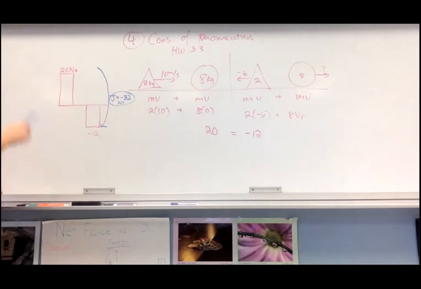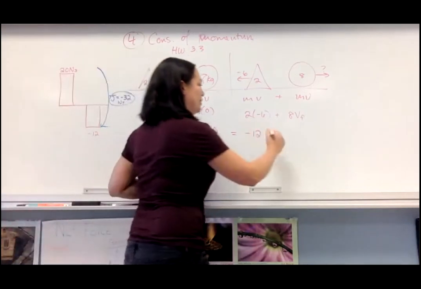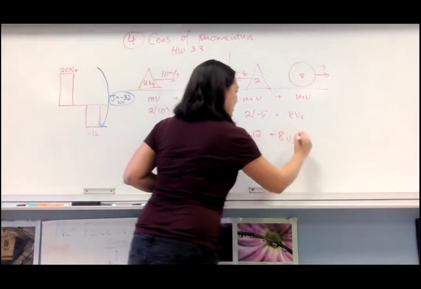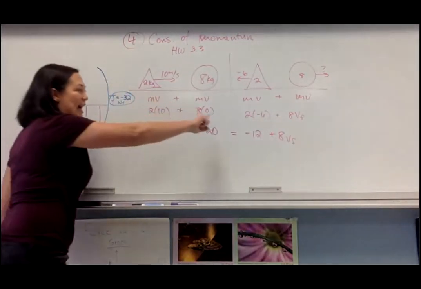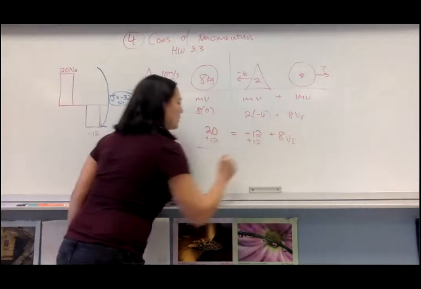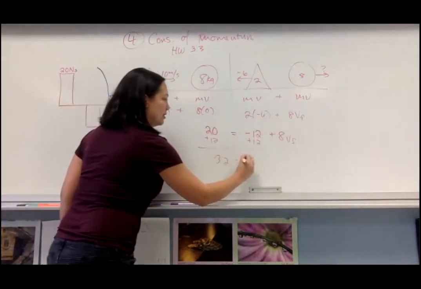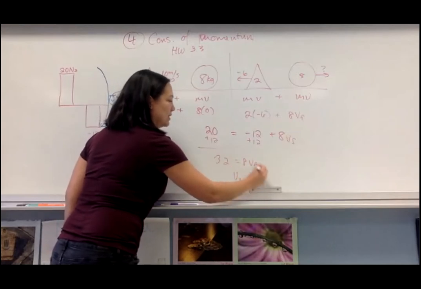That must mean the ball picks up 32 newton seconds of momentum, and I can use the ball's final momentum to find its velocity. So I'm going to add 12 to the other side. That means 32 equals 8 times v, for a final velocity of 4.